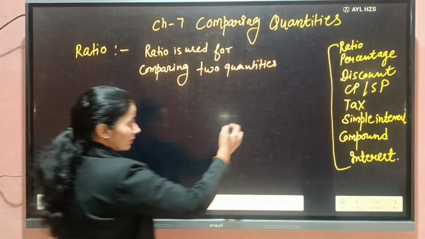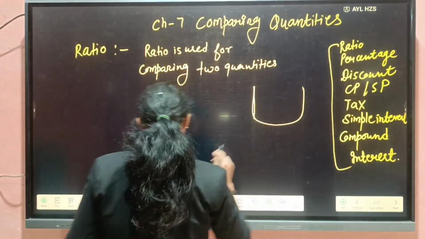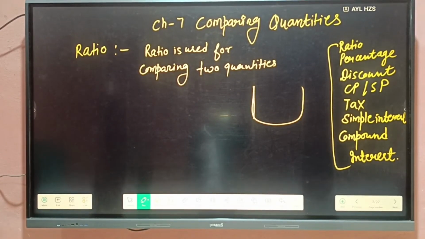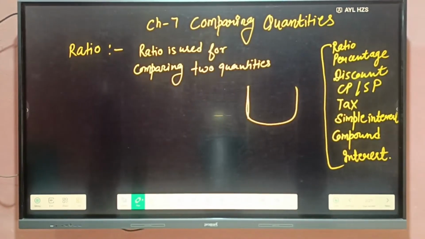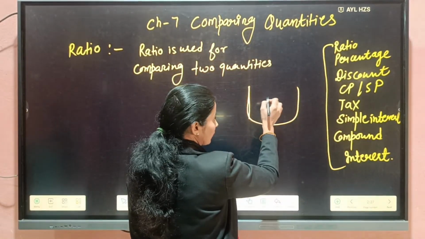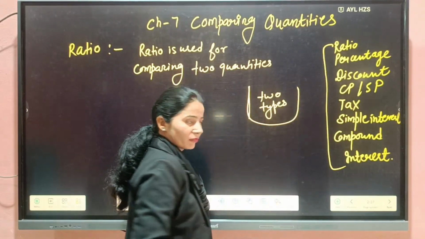Let us see, this basket contains two types of fruit.